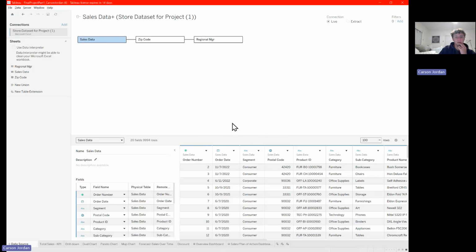Before creating the visuals, I cleaned and prepared the data. Once the data was organized, I joined it with a zip code table to support the geographic mapping. This clean data set became the foundation for all the charts and analyses I used in the dashboards.